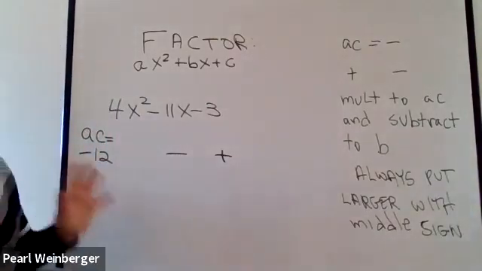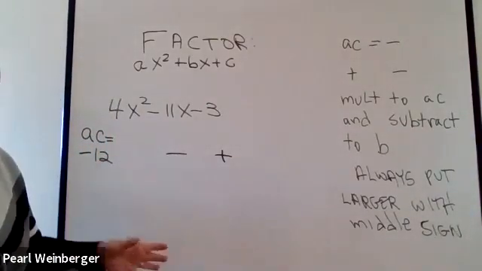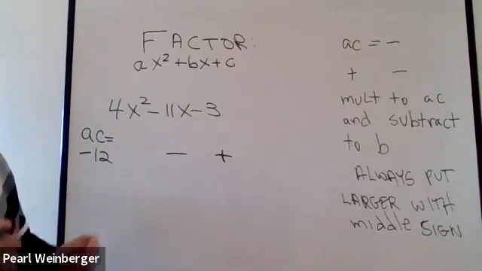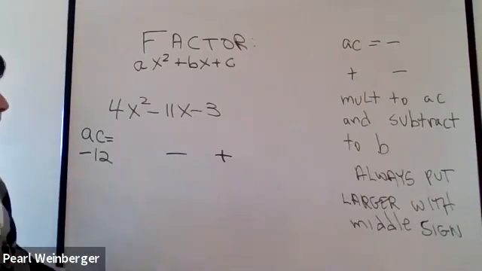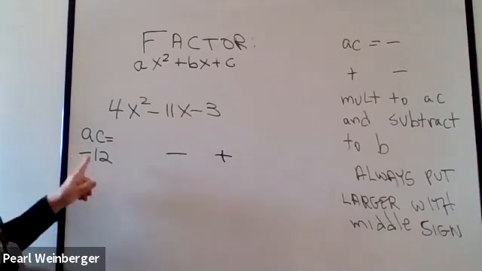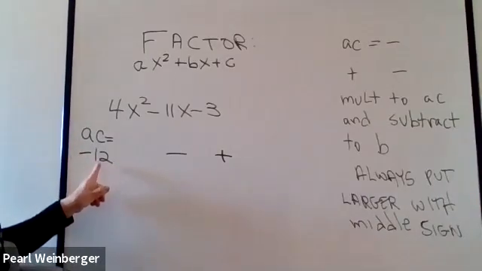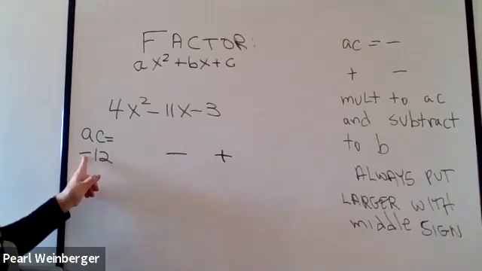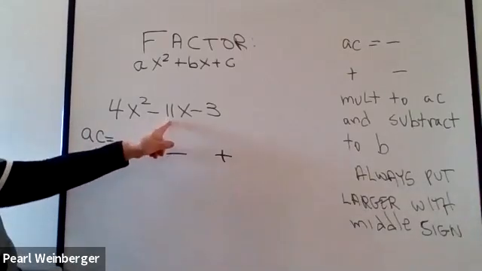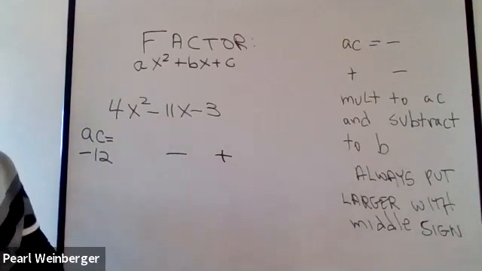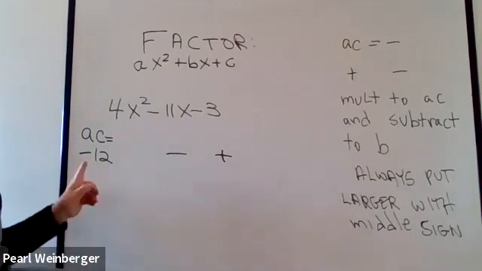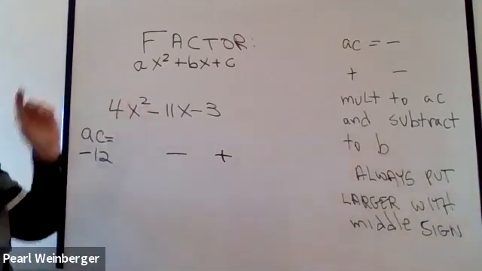And it doesn't matter which I put first, the positive or the negative, I just have to match them up properly. So now I'm looking for two numbers that multiply to 12, but when I subtract them, because this is a minus, they're going to end up being 11. Can you think of two numbers that multiply to 12 but subtract to 11?